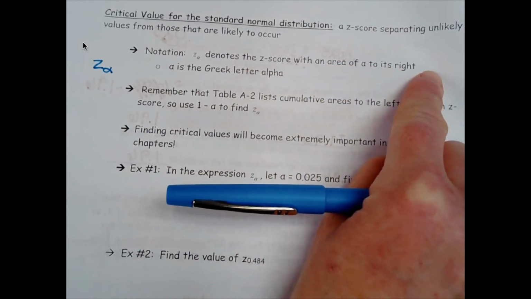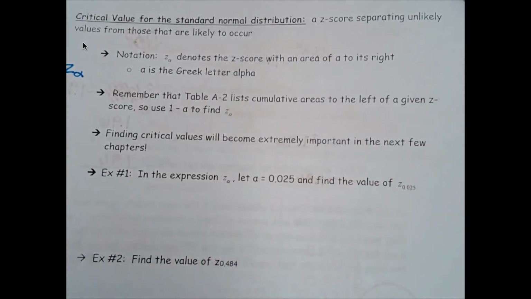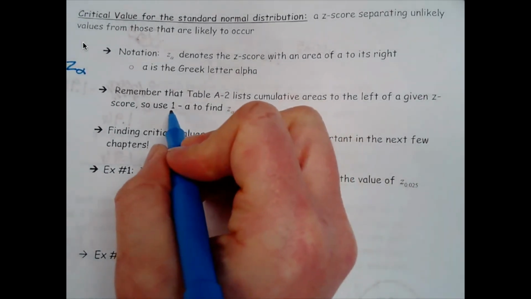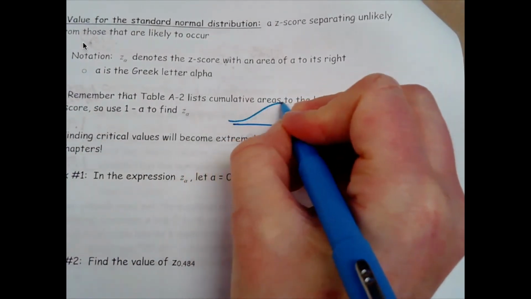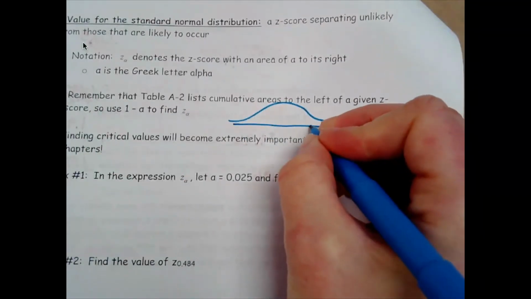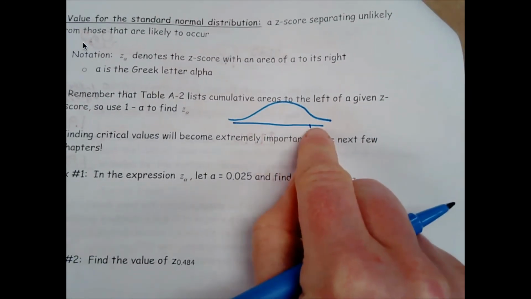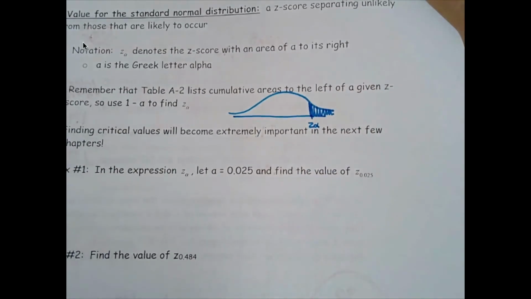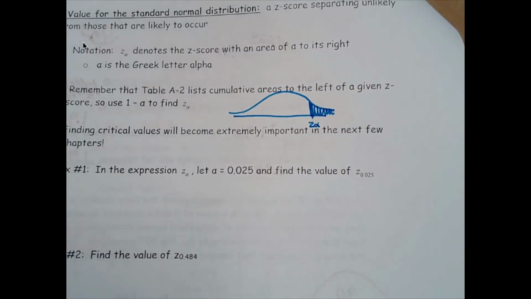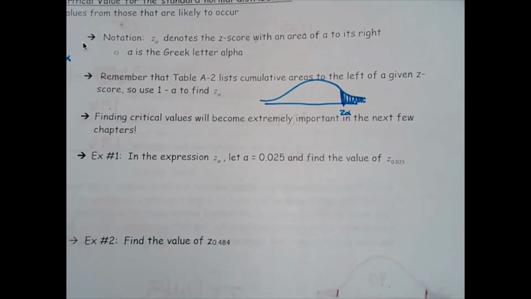This is different from the area to the left, but you can still use the table by doing 1 minus alpha. So you would just need to subtract from 1 and then find your value in the body of that table.